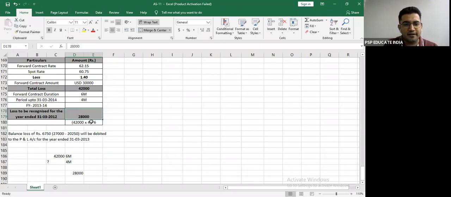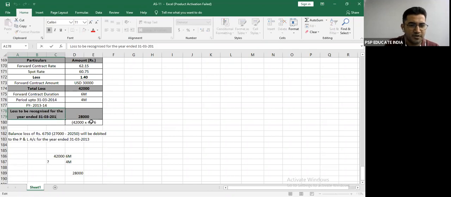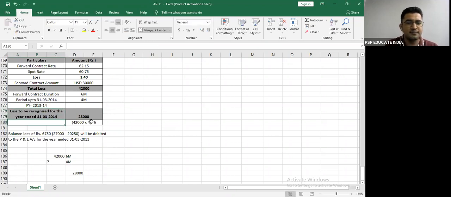How much loss will be recognized in the current year, 31st March 2014? It comes to 28,000.